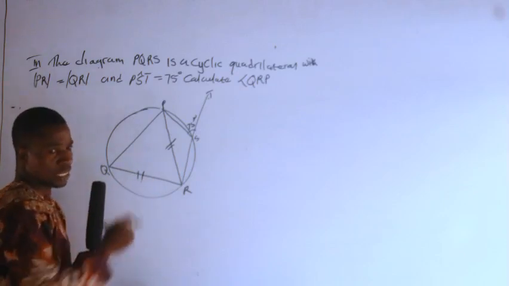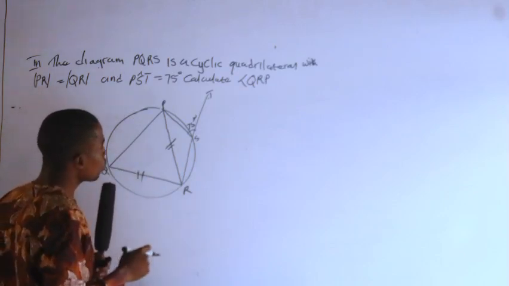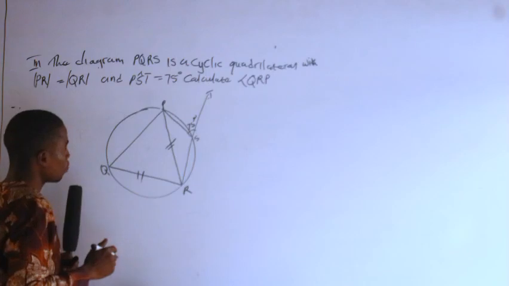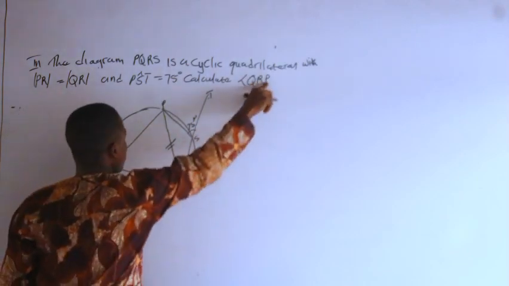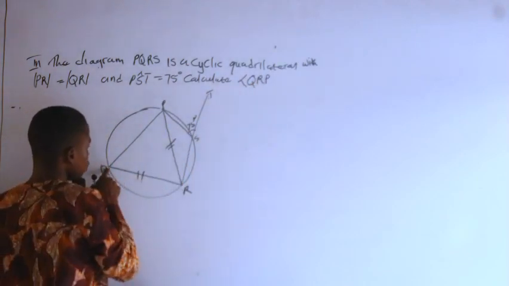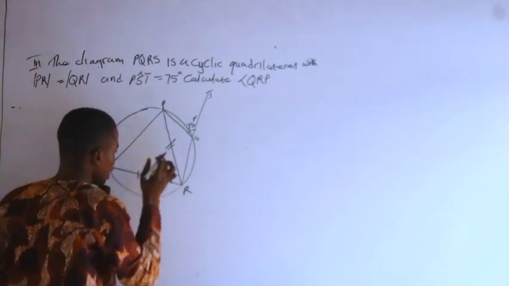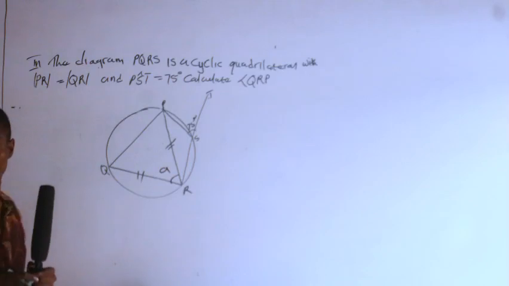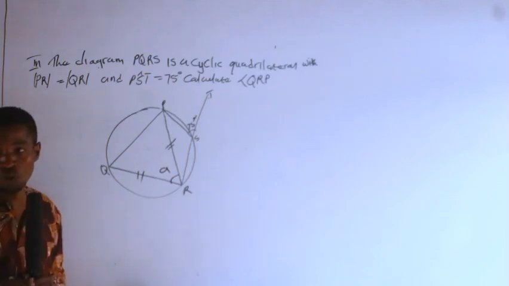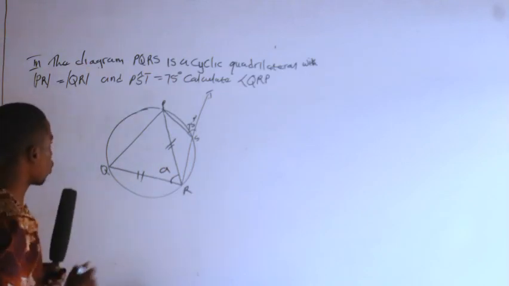Where is QRP? QRP indicates, you can call it angle A. That's it. When you understand that, it is easy to go home.